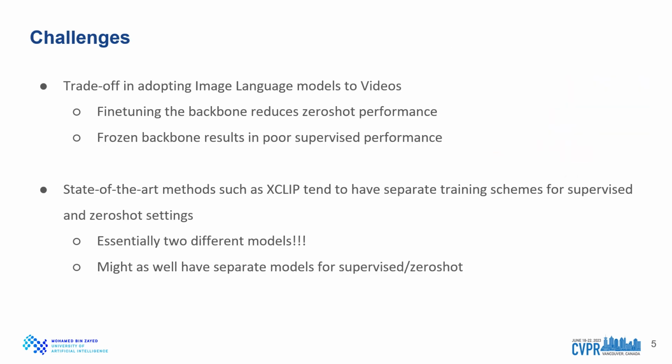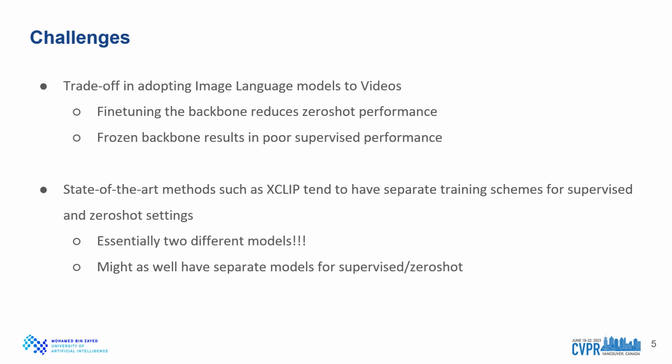We already stated earlier the problem we face in adapting CLIP to videos: if you were to fine-tune the CLIP image and text encoders, it will reduce zero-shot performance because the model will then overfit to the training data set. However, if we were to keep the backbone frozen and train only a few parameters, then that results in poor supervised performance on the training data set.